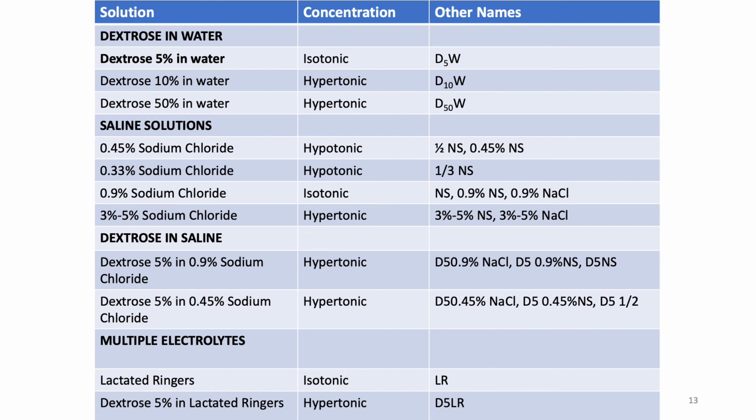For instance, for isotonic solutions, look at normal saline, 0.9%. The solutions that are considered hypotonic are less than that. So 0.33, 0.45. Those are hypotonic solutions.